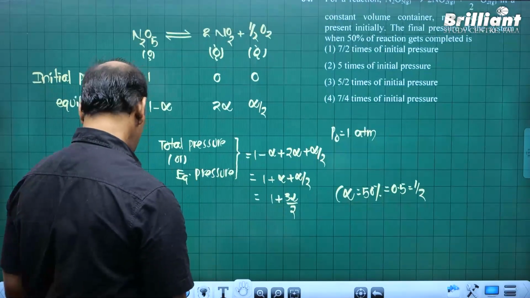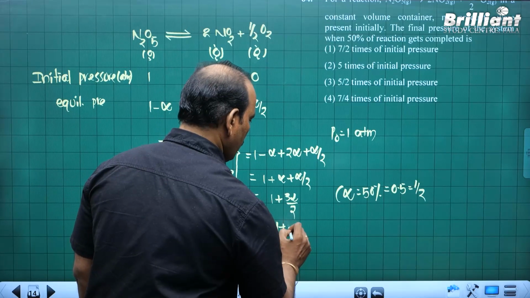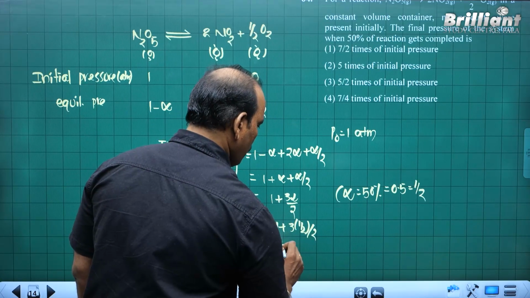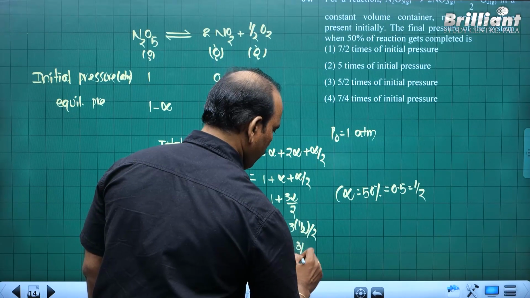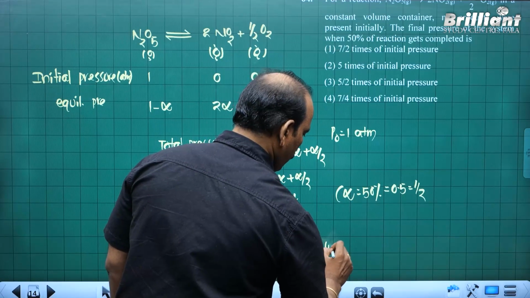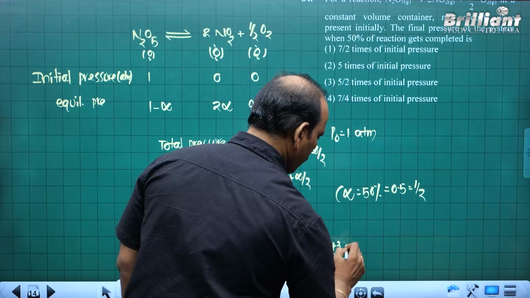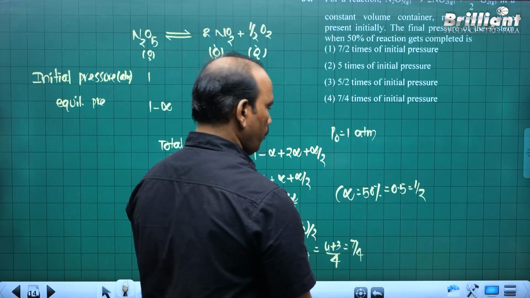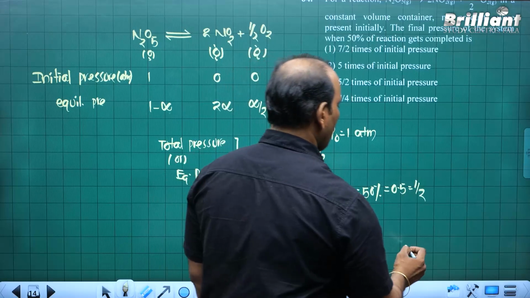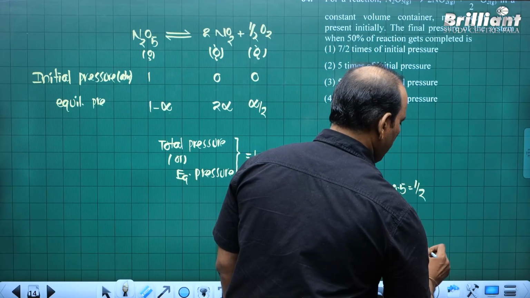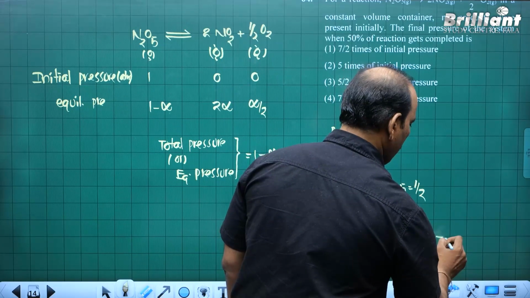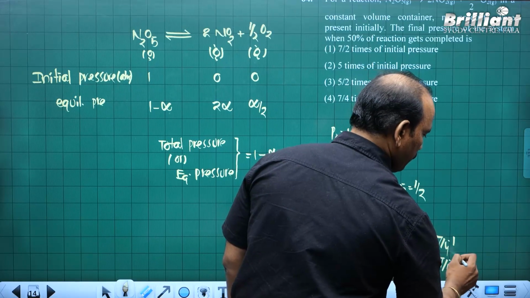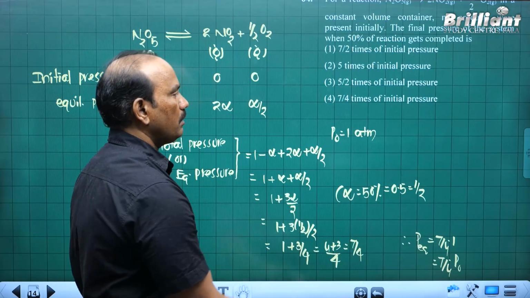Therefore 1 plus 3 into 1 by 2 by 2 equal to 1 plus 3 by 4, that is 4 plus 3 by 4 equal to 7 by 4. Therefore, the equilibrium pressure equals 7 by 4 into 1, that is 1.75 times the initial pressure. Clear? This is the option.